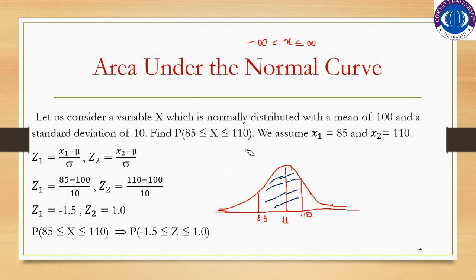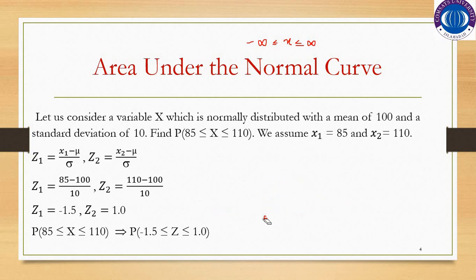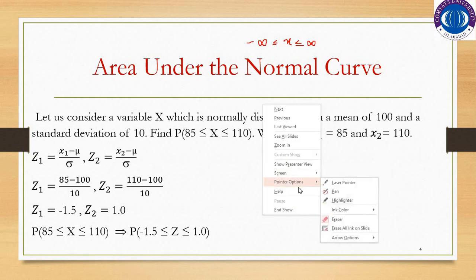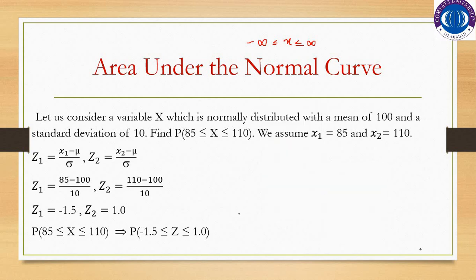We will sketch it again for the random variable z. This is the standard normal curve for mean 0 and variance 1.